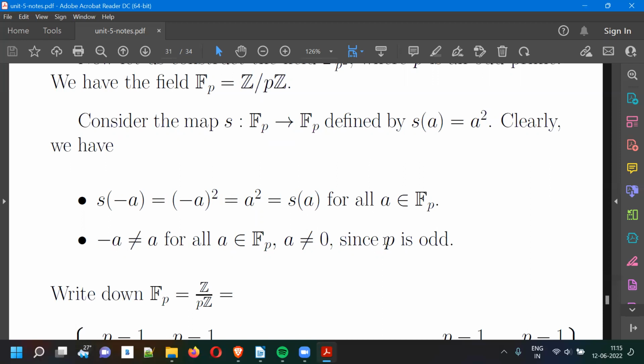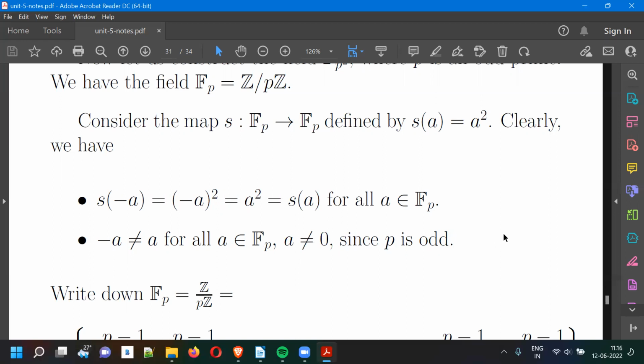Further, since p is odd, the field elements are also nice. Minus a is not equal to a for any non-zero a, since p is odd. Check that. Because if minus a is equal to a, then 2a is equal to 0. But if a is non-zero, then 2 should be equal to 0. That happens only in Z mod 2Z. So since the prime p is odd, minus a is never equal to a for any non-zero a, and we use this property.